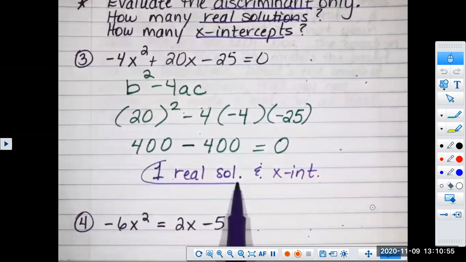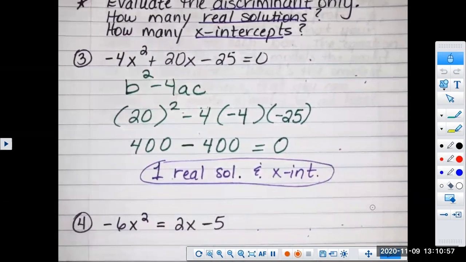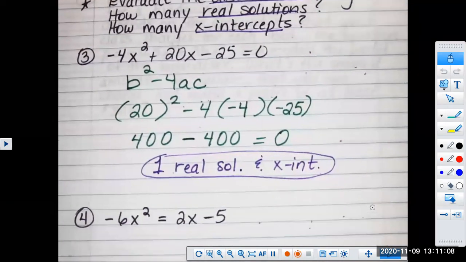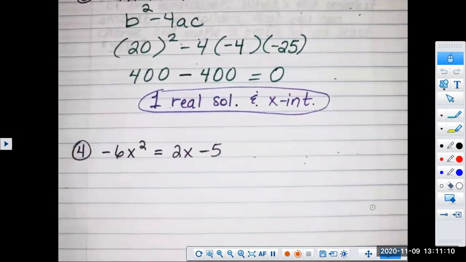Just don't be thrown off. Sometimes they're going to say, what's your solutions? And then sometimes they're going to say, what's the x-intercept? Same thing. Okay, I want you guys to do 4. I'll give you a couple minutes to do 4 on your own.